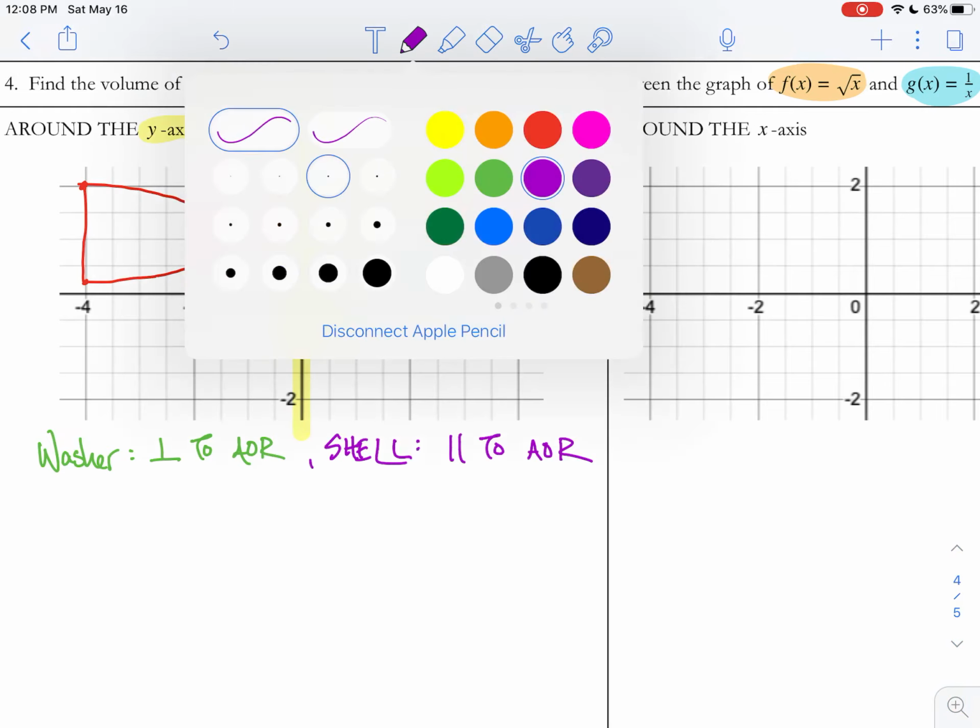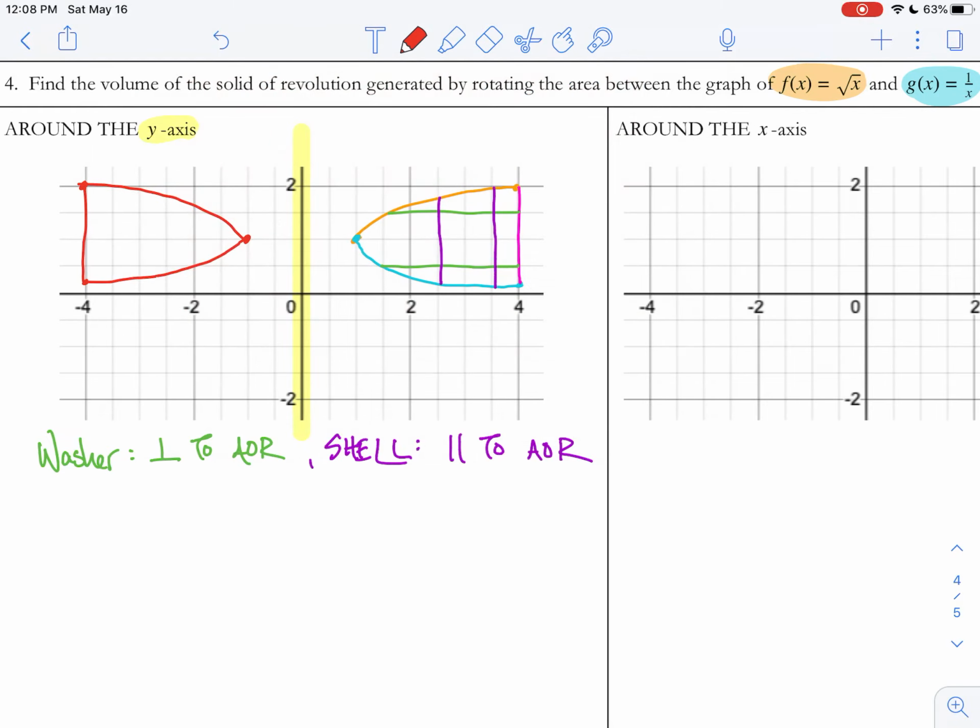But what's leading me away from this washer method is that this green line has a left curve of the orange, whereas this one has a left curve of blue. And that means I'm going to need two different integrals, and I don't really want to do that, so I'm not going to use washer method. In fact, I'm going to erase these green lines and the red parts.